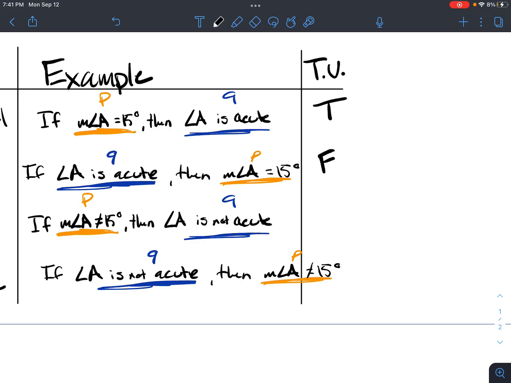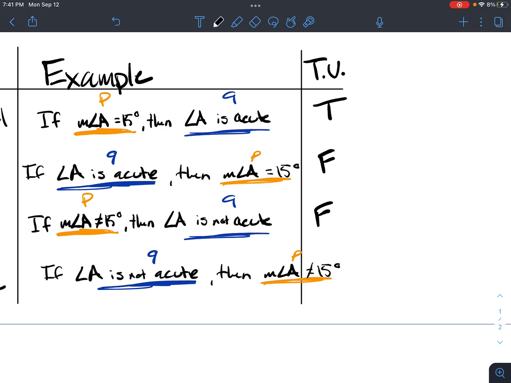Now, if the measure of angle A is not 15, then angle A is not acute. So this is also false. Once again, what if we have angle 6? If the measure of angle 6 is not 15 and it's saying that this is not acute, that's not true. That is an acute angle.